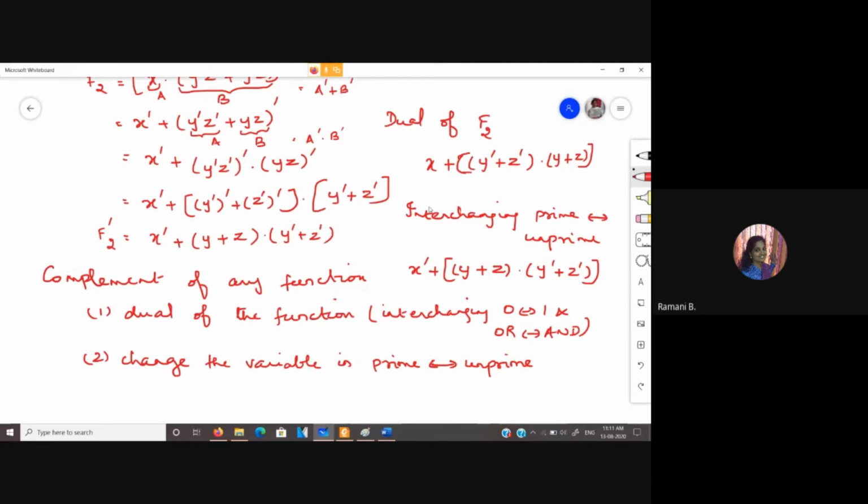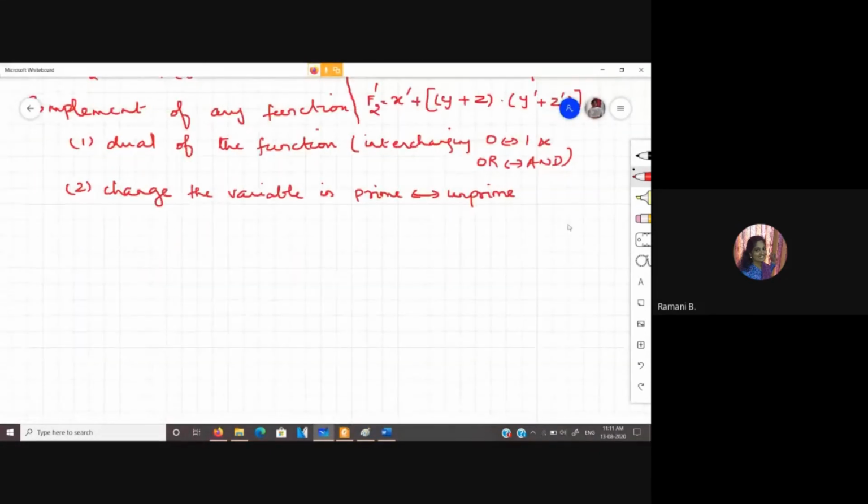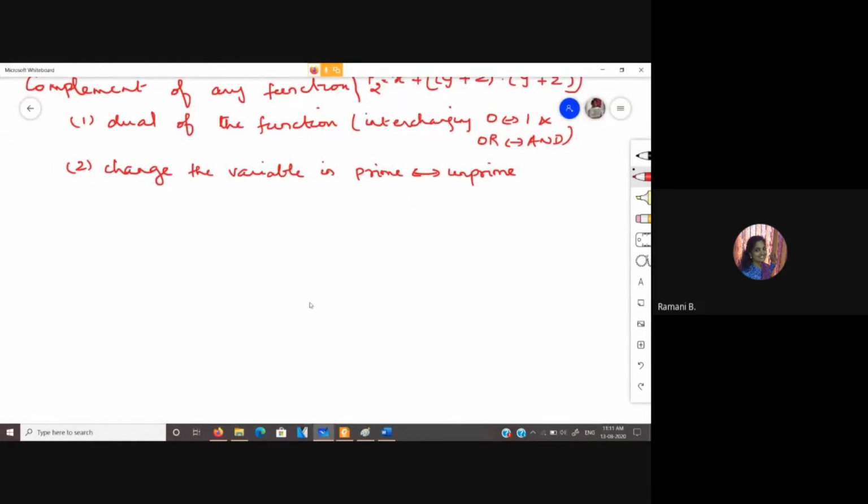So our first step and second step give the same answer. This is how you could find the complement. In short, this is what you need to remember, but depending on the marks, you need to see what to use. You could always check whether you have got the correct complement using this. Do you understand this, guys?